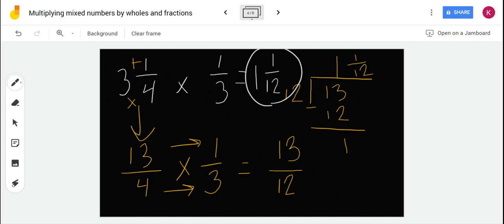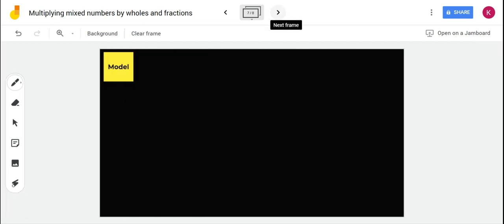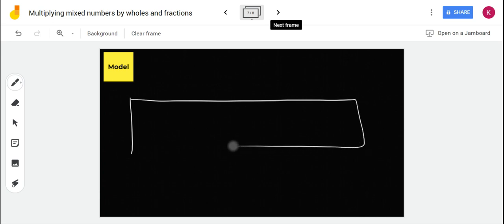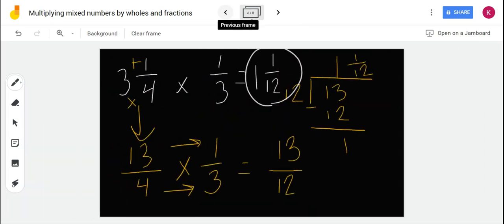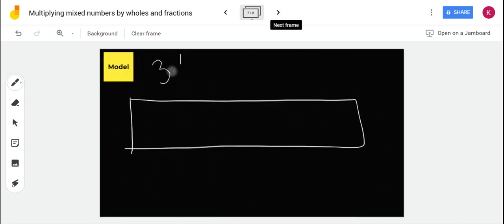what we did is take 1/3 of 3 1/4. And I'll show you that in a model again. Really large rectangle. Go back to what my problem was. 3 1/4 times 1/3.